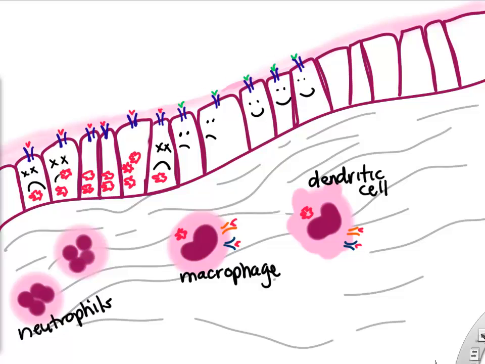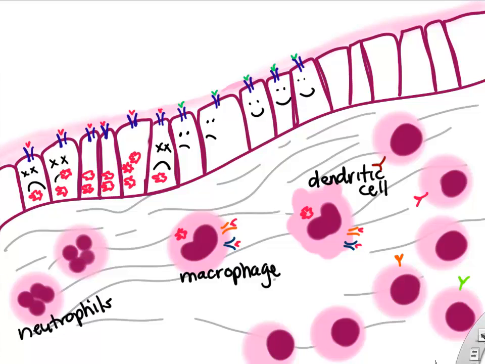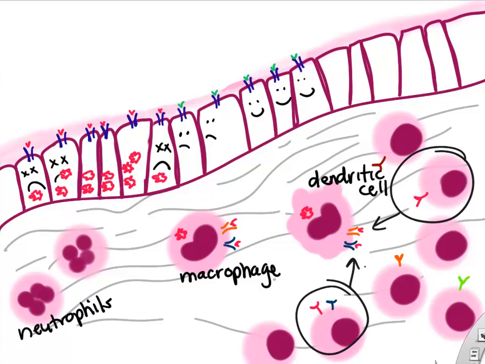The macrophage and the dendritic cells will be nice and alert your specific defenses that there's a viral infection. And they'll look for the right T cells and B cells to activate for that specific virus. Once those T cells and B cells become activated, then they'll defend you.